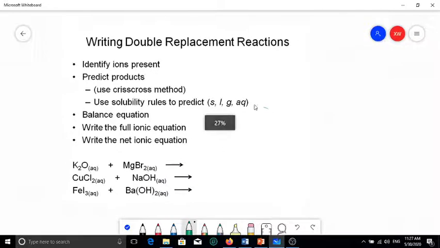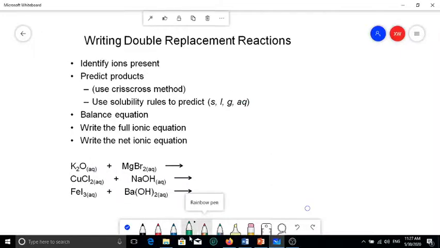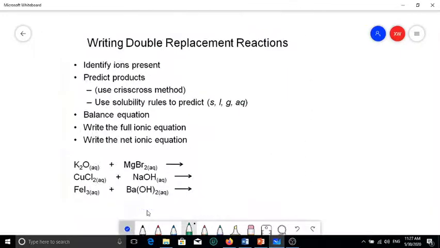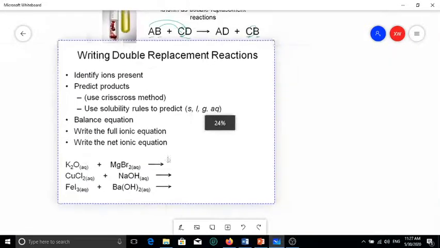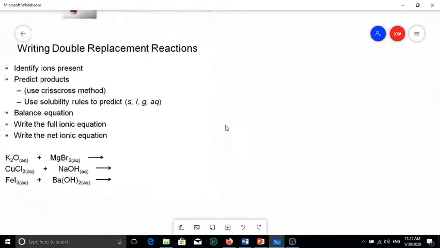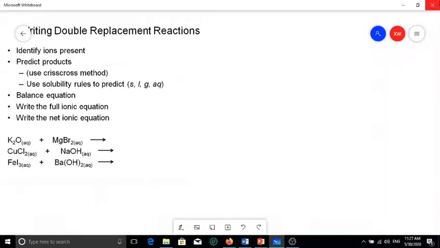So let me make it smaller so I'll have enough space to work on things. All right, so let's look at the first equation, the group of chemicals here. They're fairly straightforward because they're all simple ions, no polyatomic ions here.